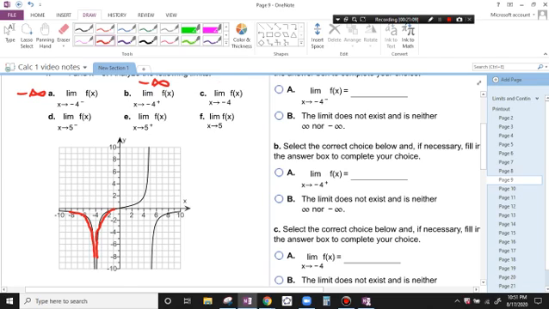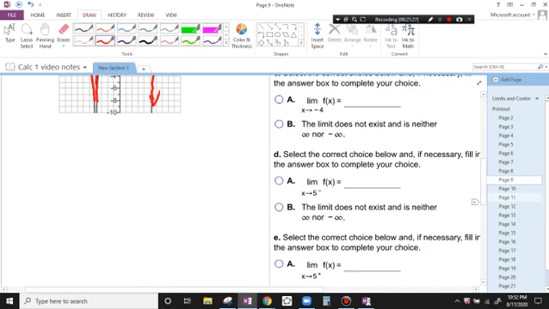The limit is negative infinity. 5 from the left, all the way up there, positive infinity. From the right, negative infinity. Limit does not exist.